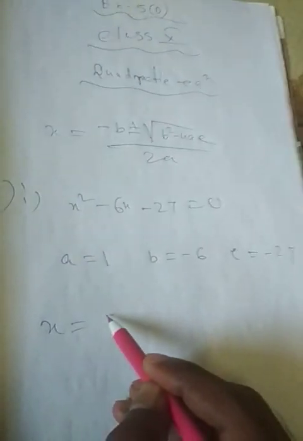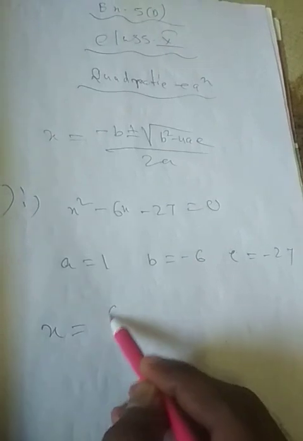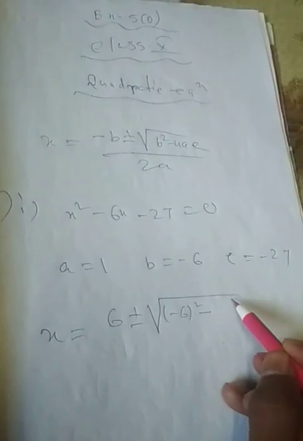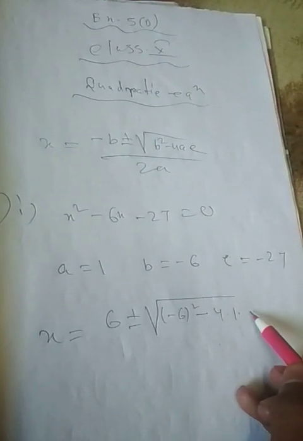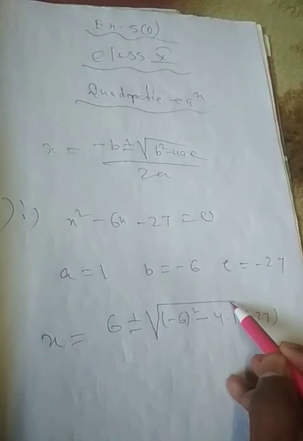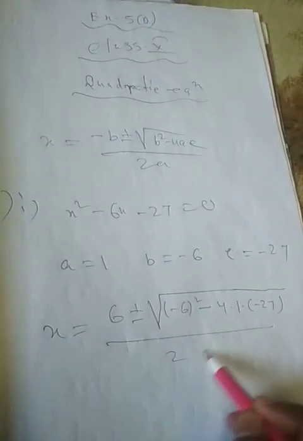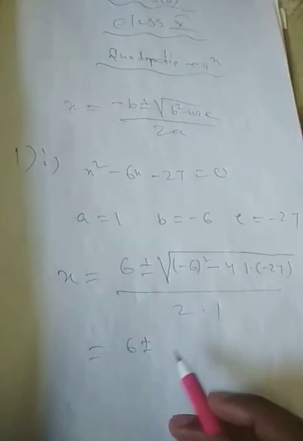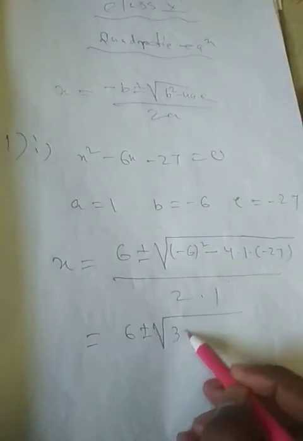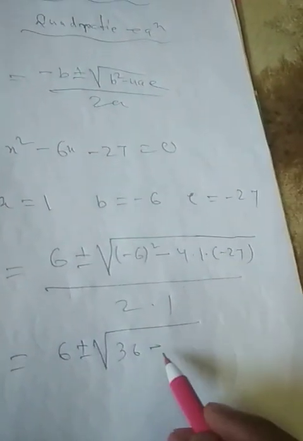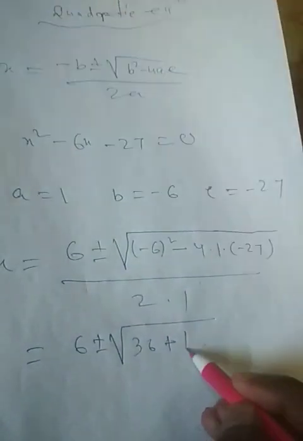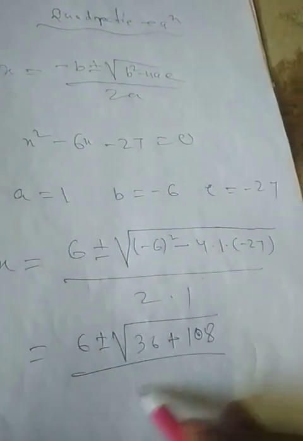So x equals minus b, that means minus of minus 6, that means plus 6, plus or minus root over b square, that means minus 6 square, minus 4ac, where a is 1 and c is minus 27, by 2a, that means 2 into 1. So that becomes 36 plus 108, by 2 into 1, 2.